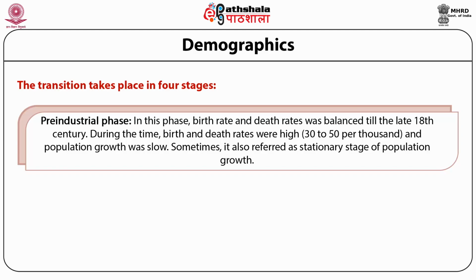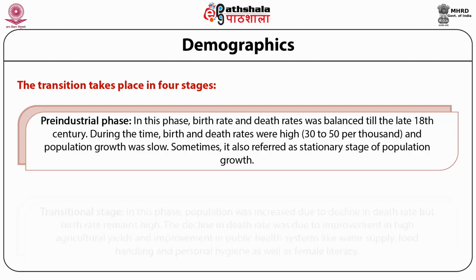High death rates were due to disease, food shortage, and poor living conditions. High birth rates could have been due to factors associated with high fertility, seen even today in less developed countries.